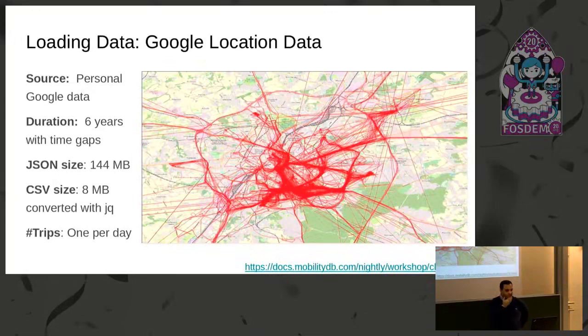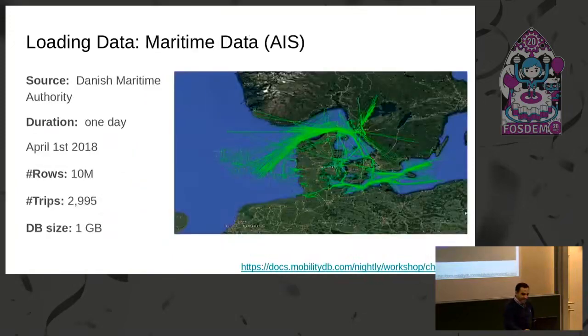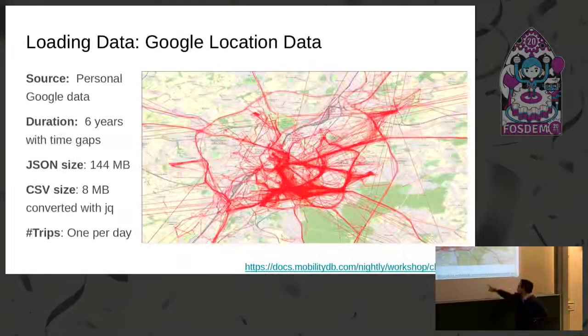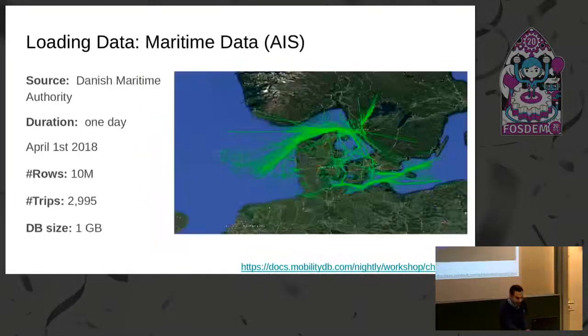Actually, Google stores a lot, so it will be fun. You can start calculating aggregates, how much time you spent driving or walking, where you go. If you manage to get location data of someone else, that becomes more interesting. That's also another workshop, so you get a step-by-step tutorial.